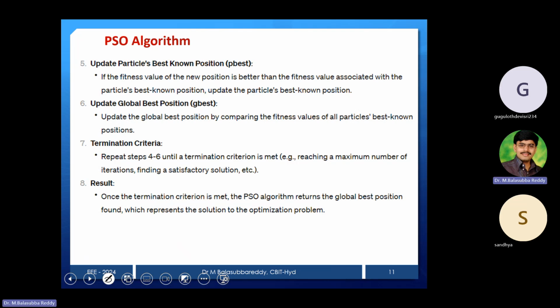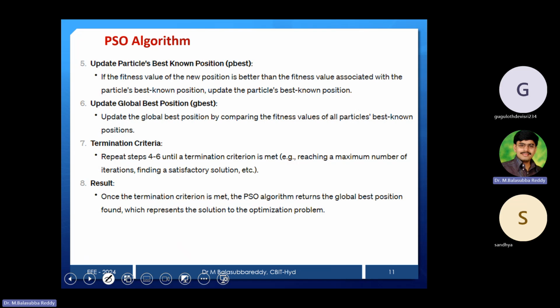Every time we find the fitness value, then repeat position modification, velocity update, position update, then P best, G best update. This we have to do continuously until the criteria is met.